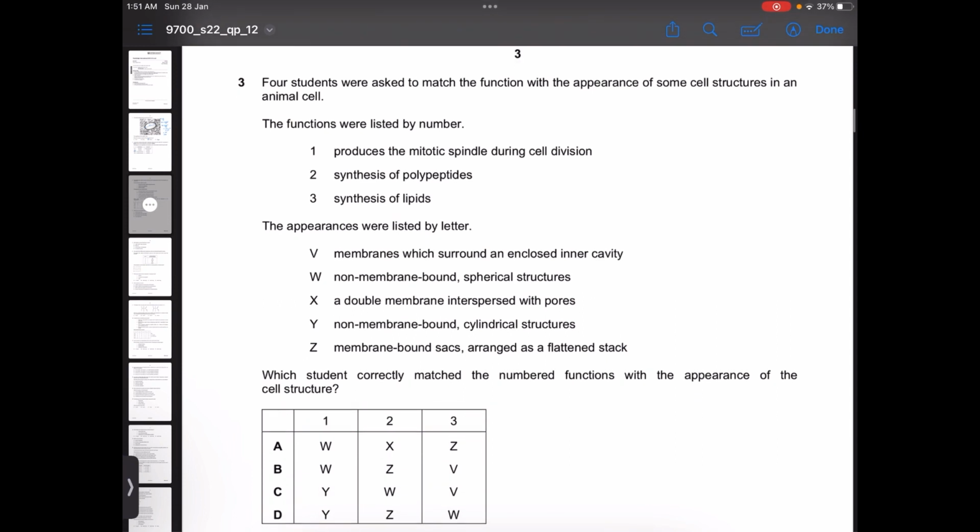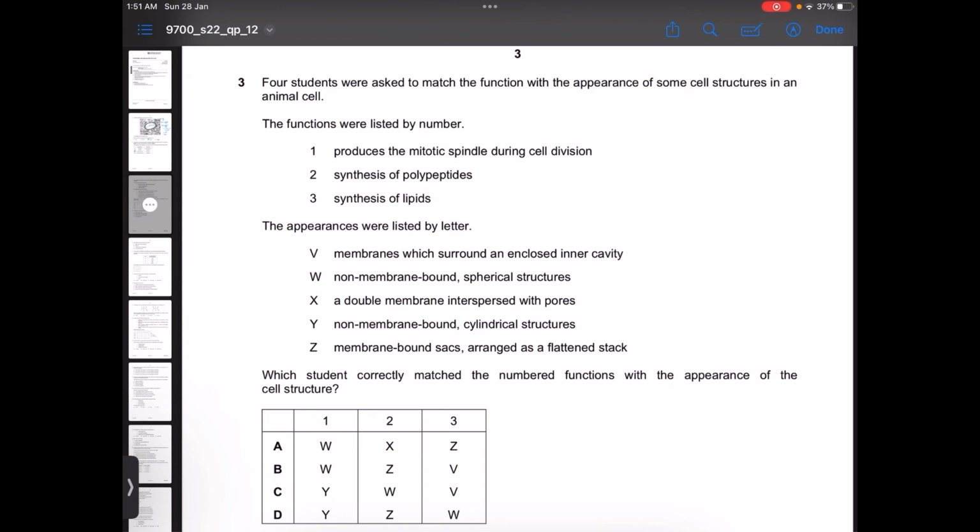Okay, so now question number 3. 4 students were asked to match the function with the appearance of some cell structures in an animal cell. The functions were listed by number: produces the mitotic spindle during cell division, synthesis of polypeptides, synthesis of lipids.